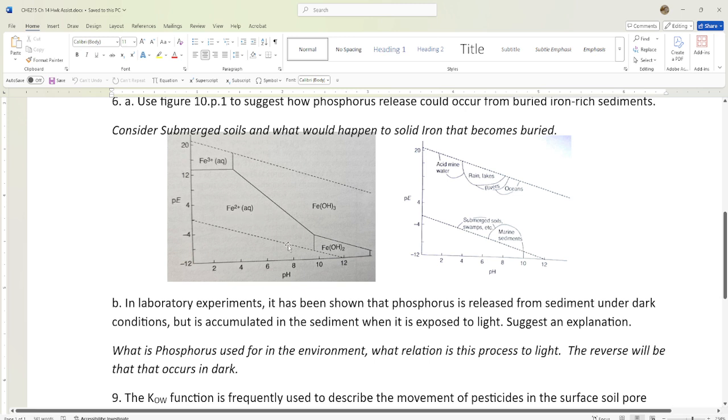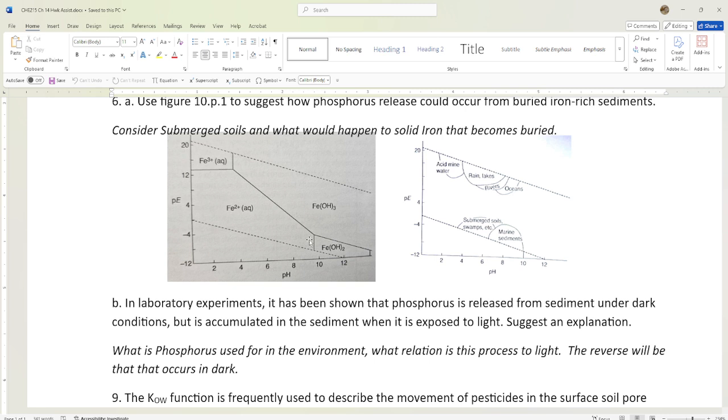So what's going to happen in those submerged soils where the oxygen gets consumed, the iron dissolves into iron 2 plus aqueous. And when that iron dissolves, it takes the phosphates with it. The phosphates dissolve as well, and so they become released as the oxygen content goes down and the iron gets reduced to iron 2 plus.